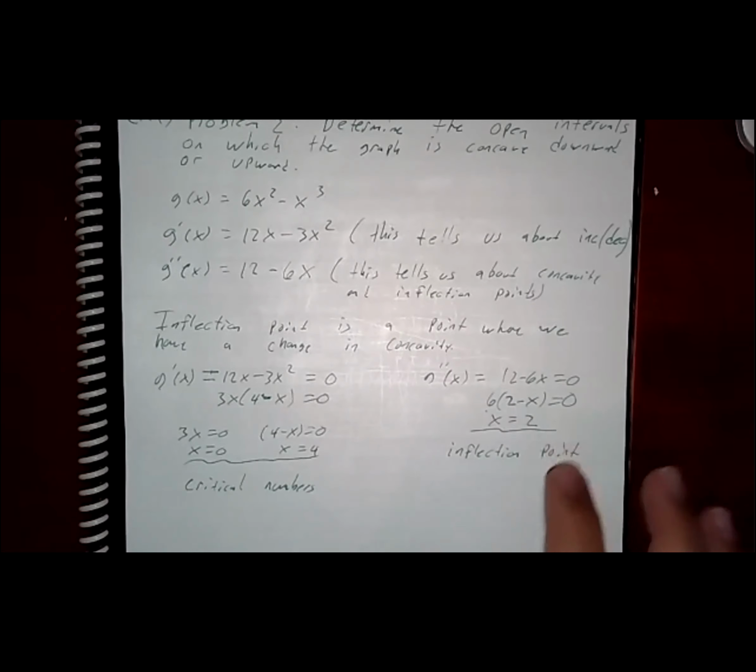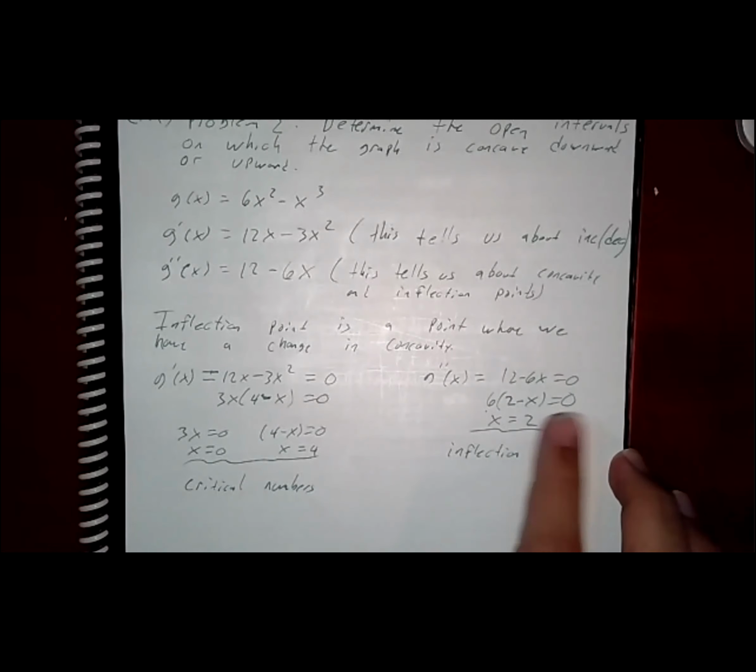Yes, sir. Okay, so this is the point where it will change in concavity. These are the points where we'll have local minimums or maximums. Sometimes they can be the same, but not always.